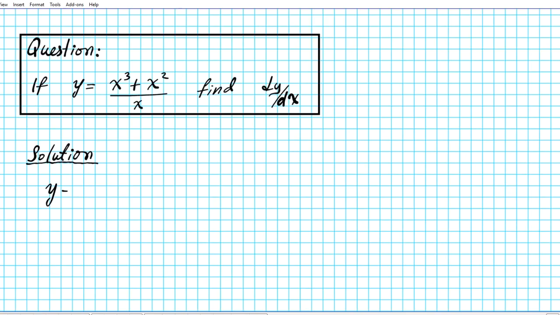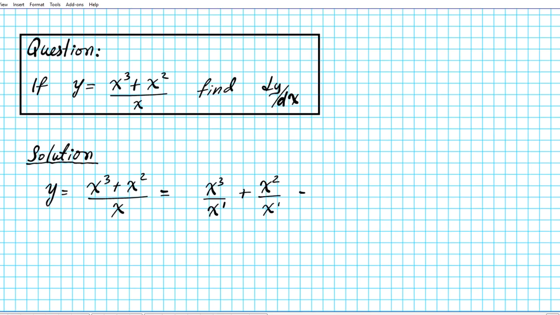So we have y equals x to the third plus x squared, over x. Whenever you have situations like this, you can always decompose the algebraic fraction. If I decompose it, I'll have x to the third over x, plus x squared over x.